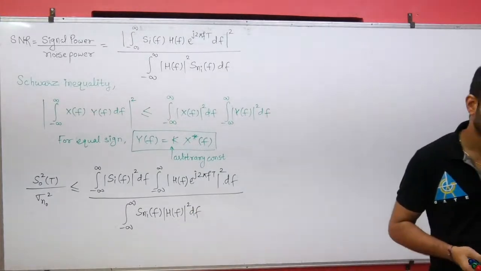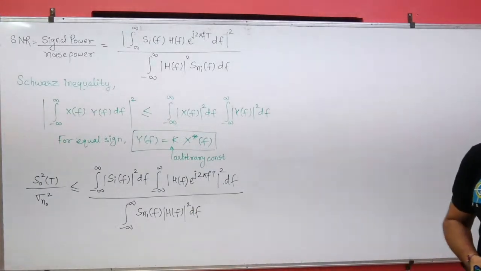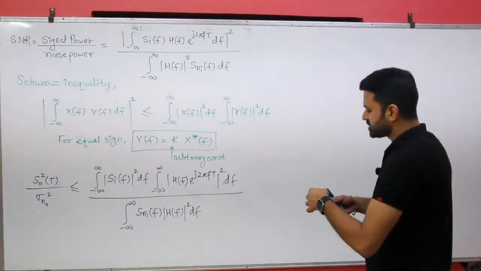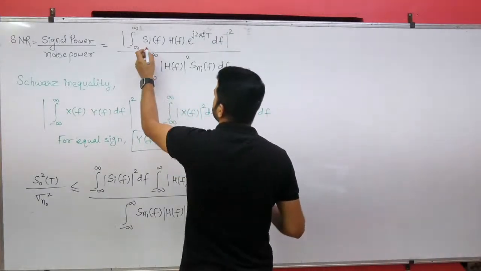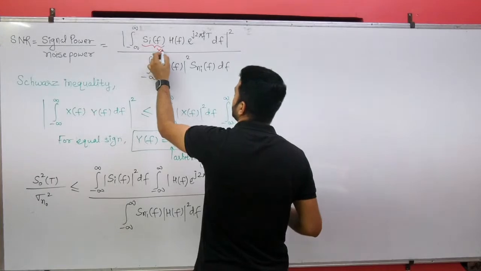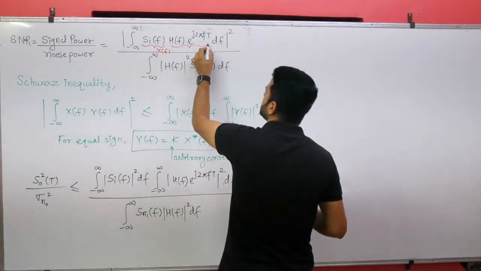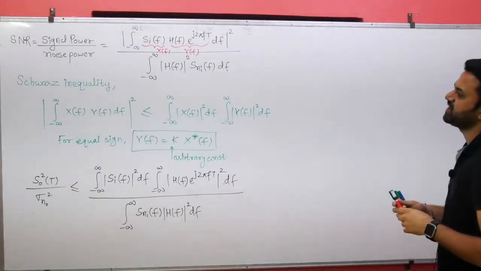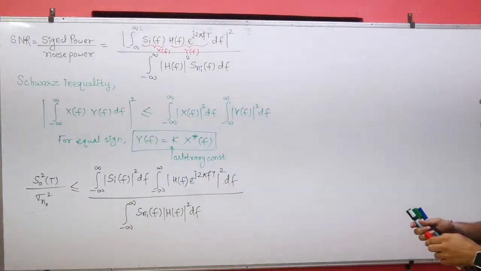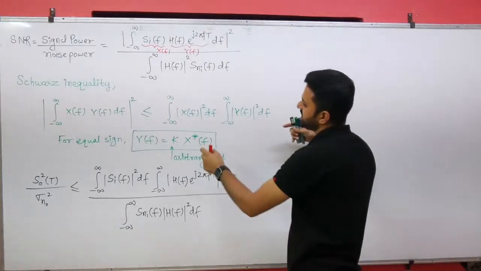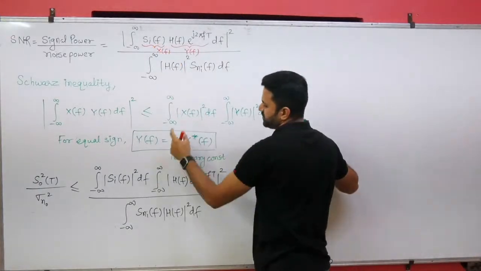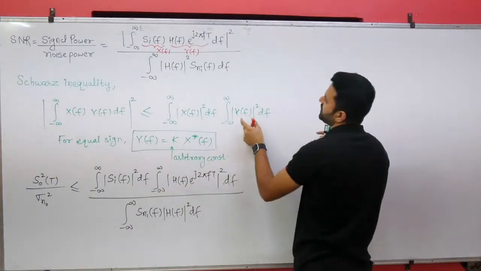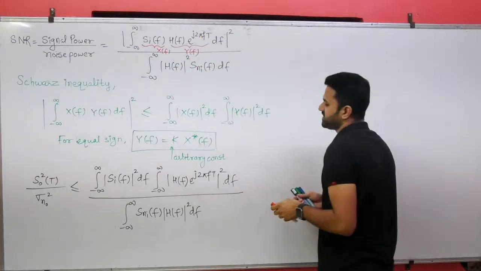Are you agree with this? Now we are assuming this term as x of f and these two terms as y of f. According to this inequality, x of f is Si of f, so we have substituted this, and for y of f we are considering h of f e to the power j 2 pi ft.